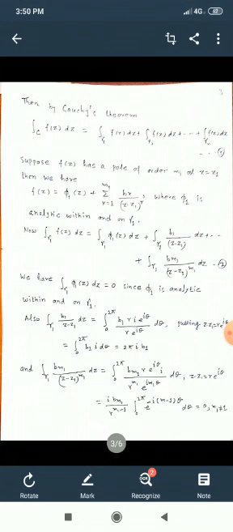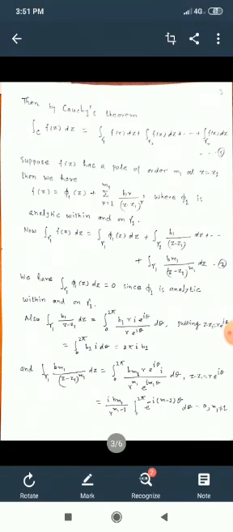Suppose f(z) has a pole of order m1 at z equal to z1. Then we have f(z) equal to phi 1(z) plus summation r equal to 1 to m1 of b_r upon (z minus z1) power r, where phi 1 is analytic within and on gamma 1.